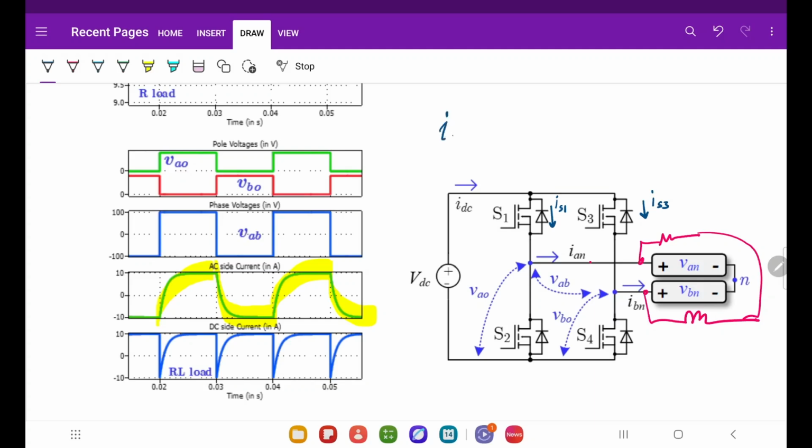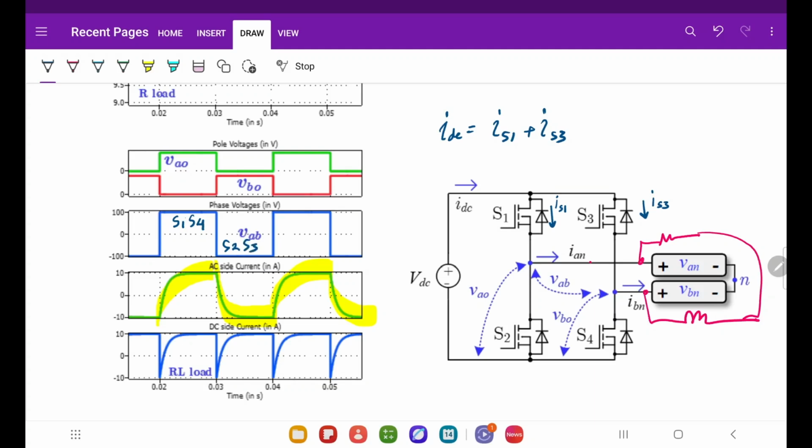So IDC is equal to IS1 plus IS3. In this duration, which switches are on? If you are applying plus 100, that means S1 and S4 are on. In this duration S1 and S4 are on, and in this duration, with minus 100, S2 and S3 are on.